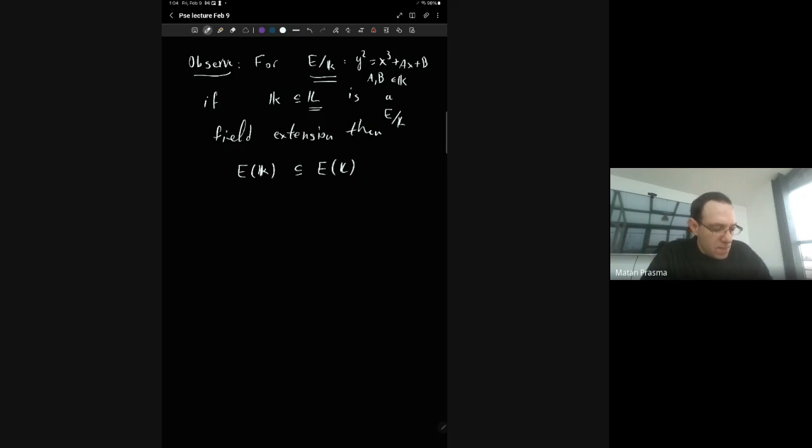The K-rational points are simply the solutions of this equation. So clearly we have a subset inclusion of the K-rational points into the L-rational points. But I claim that this subset inclusion is in fact a subgroup inclusion.